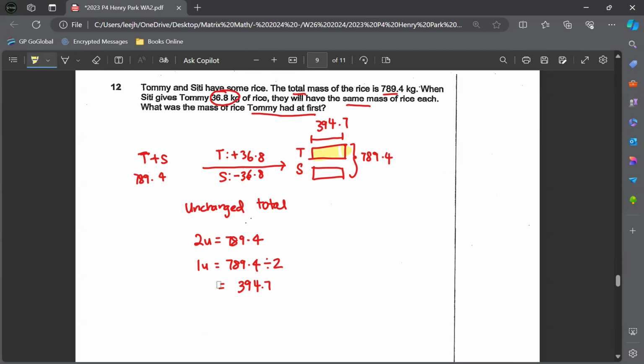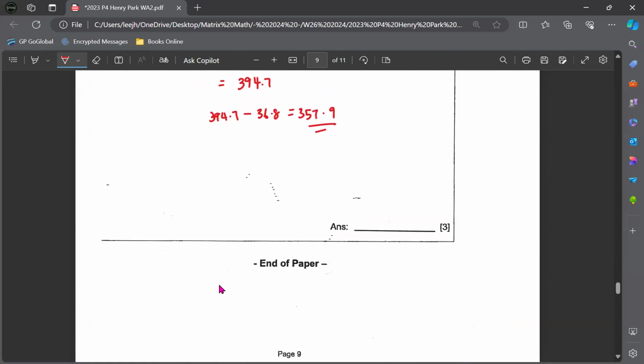Tommy now got this after taking 36.8. So at first means you work backwards, your symbol must change. So it's 394.7 minus 36.8. Your answer is 357.9 kg. So Tommy has 357.9 kg. Must write the unit down, okay? Oh, we're done. This is the last question.